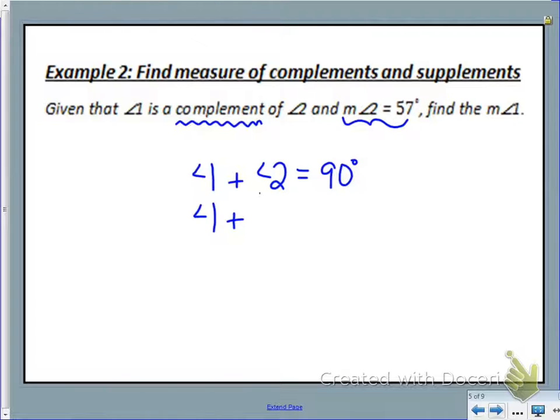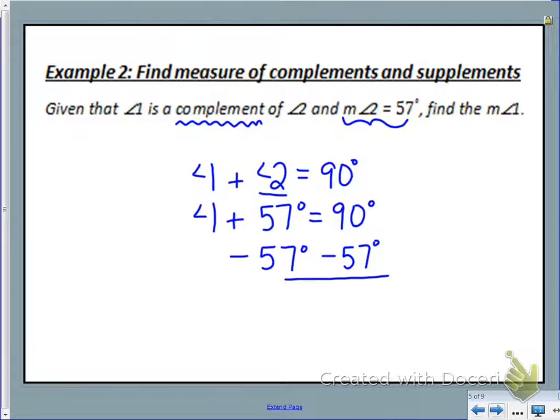Substitution to replace angle 2 with what we know it to be, or in this case 57 degrees. Now that we have this equation, all we need to do is solve. So we're going to isolate angle 1 by subtracting 57 degrees from both sides, and we find that angle 1 is 33 degrees. Any other measure, and these two angles would not be complements.